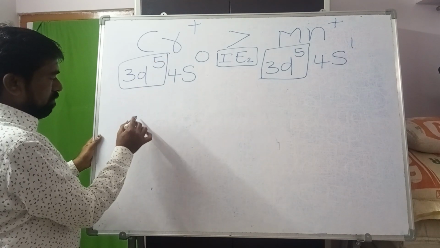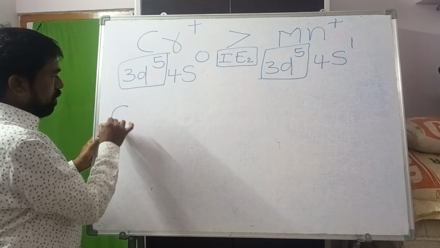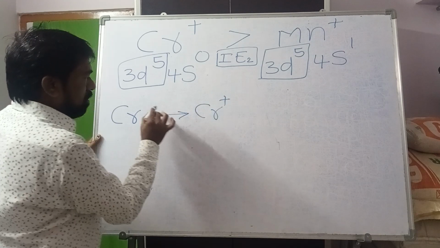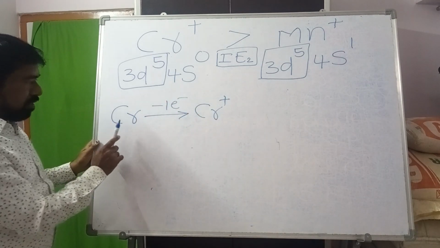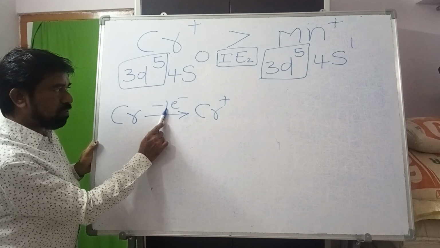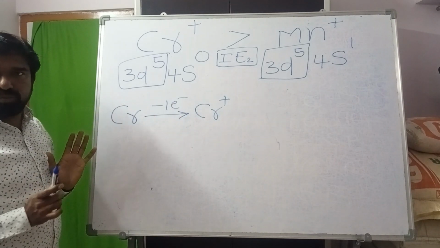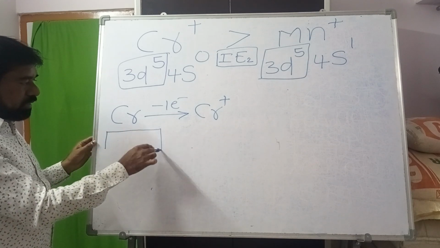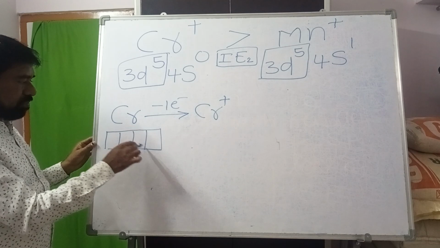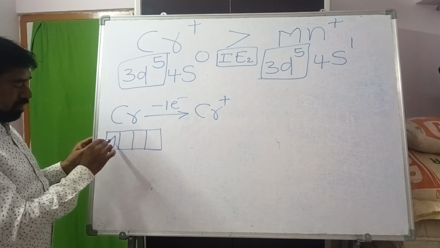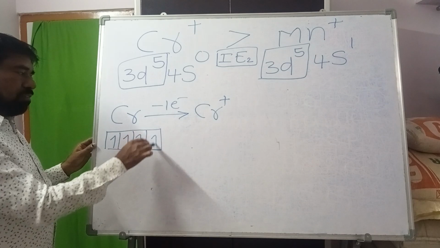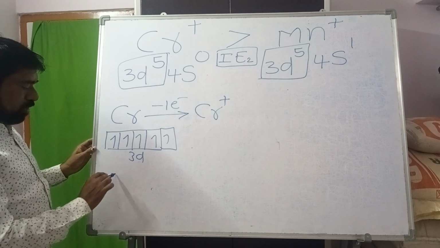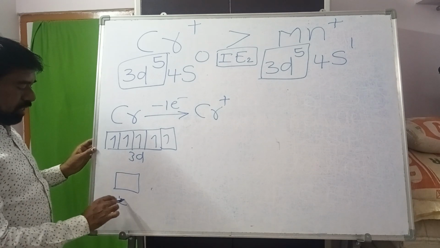Chromium plus: how is it formed? By removal of one electron. From chromium metal, just remove one electron and it gets chromium plus. Chromium electron configuration, we know, is 3d5, with five parallel upward spins, 1, 2, 3, 4 and 5, and 4s1, one electron in the 4s orbital.